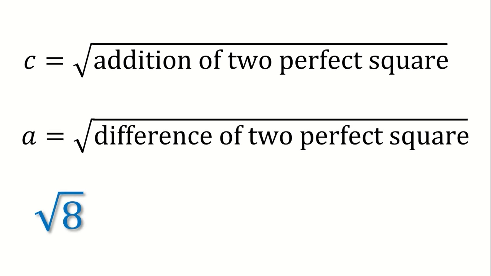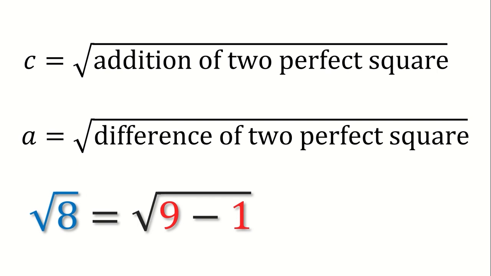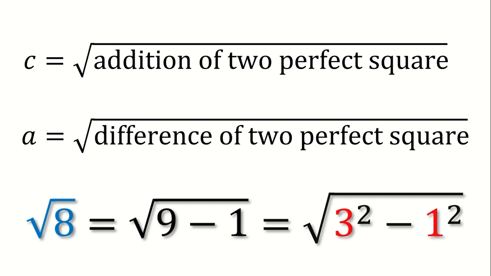So the square root of 8 is equal to the square root of the difference of two perfect squares, like 9 minus 1. 9 and 1 are both perfect squares. 9 is equal to 3 squared and 1 is equal to 1 squared.